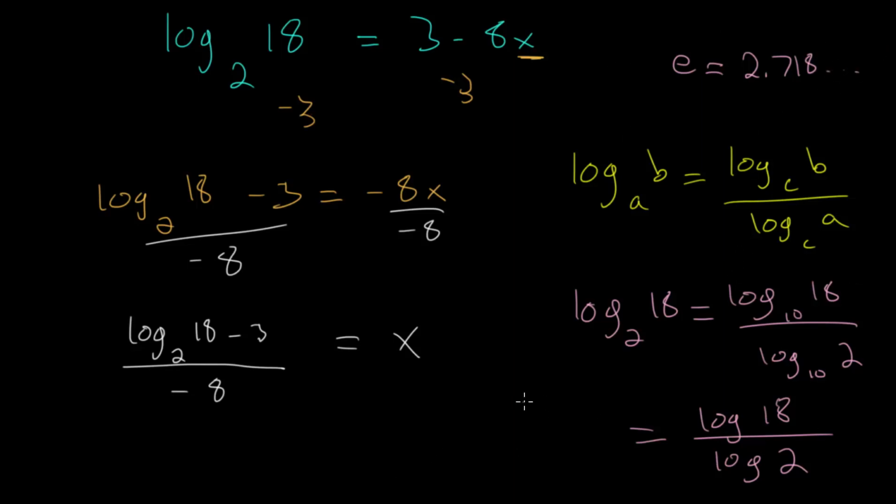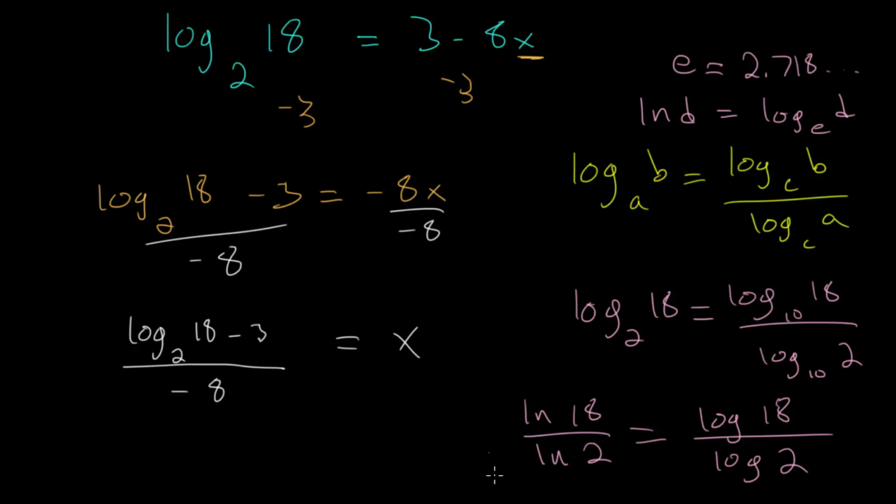So we could also write this as the natural log, log base e. I should write that down. The ln of, let's say, d is just log base e of d. So this log base 2 of 18 could also be written as log base e of 18, or the natural log of 18, over the natural log of 2, log base e of 2.